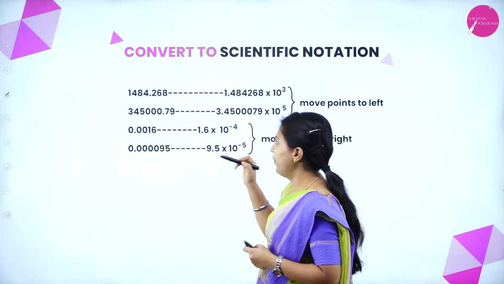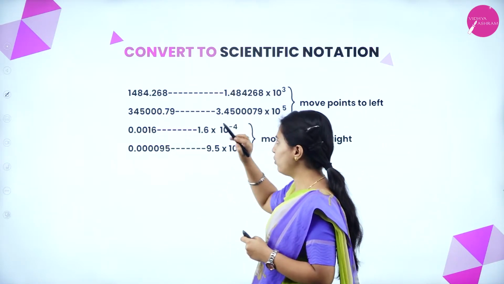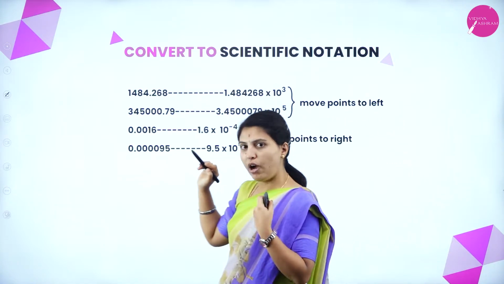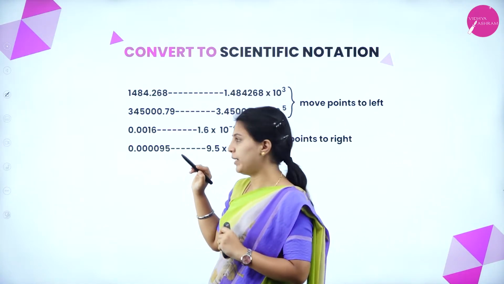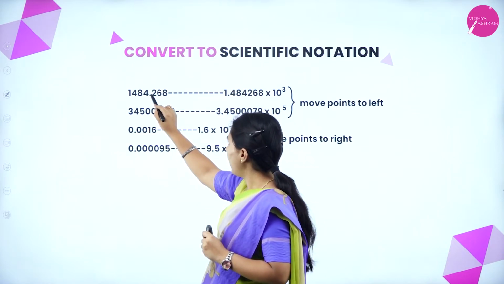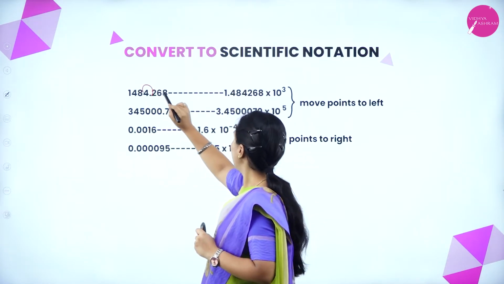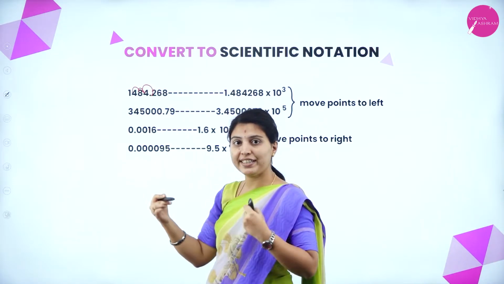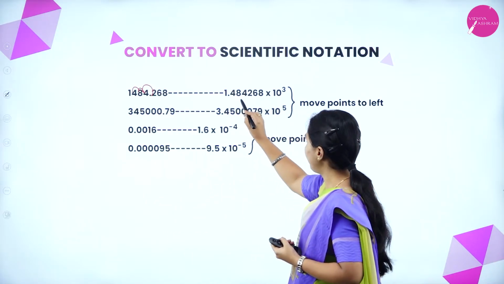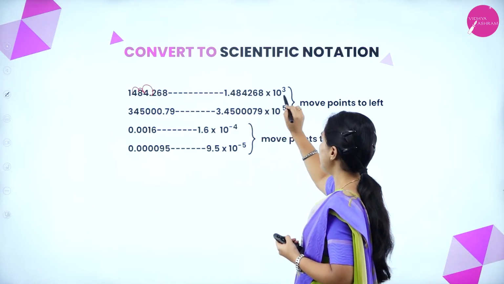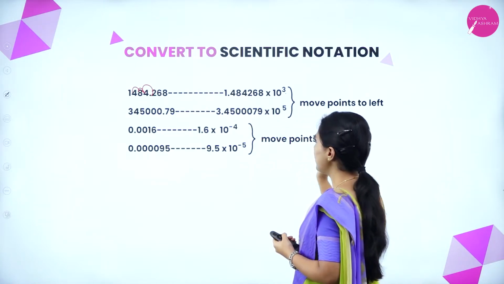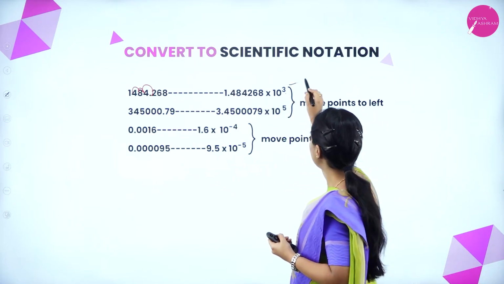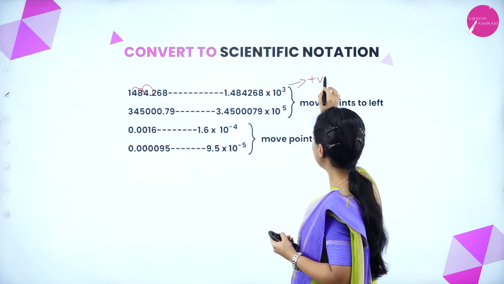See here, if you have 1484.268 and want to convert it, you have to notice the decimal. This decimal is moving towards the left side. How many times is it moving? 3 times. Means 1.484268 into 10 to the power of 3. If the point is moving towards left, this will have a positive sign.